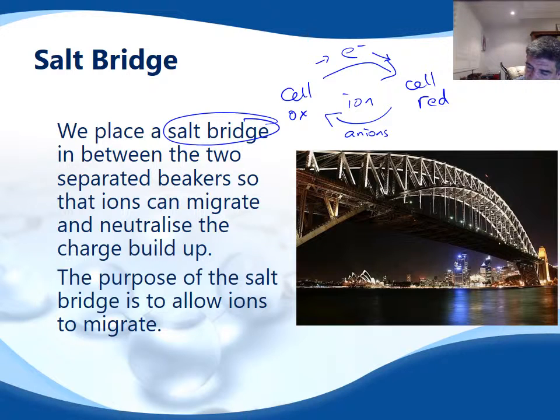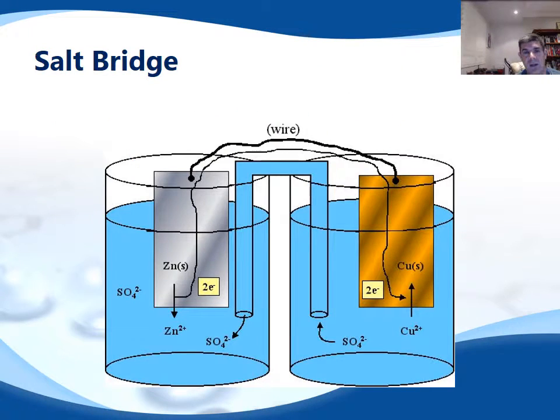The excess is where they're in excess, and they're limited here, so they move back, and that allows our passage of negative charges to continue to move through this circuit. So the purpose of our salt bridge is to allow ions to migrate from one cell to another. So here's our salt bridge. Finally, we've got our complete circuit.